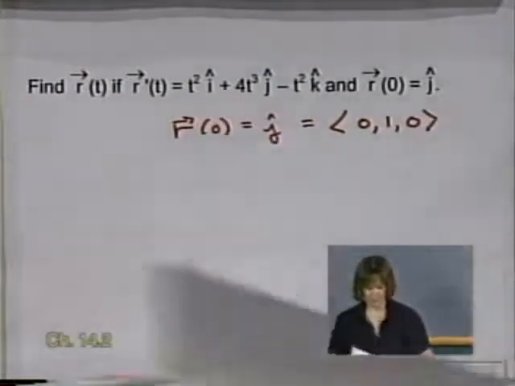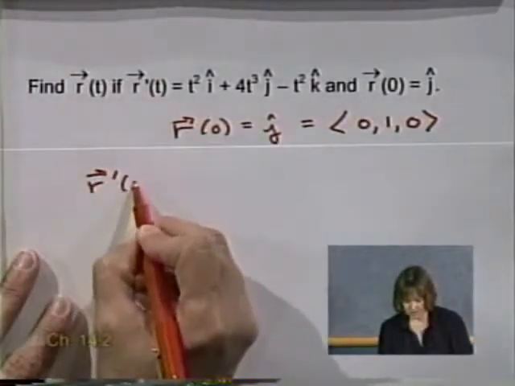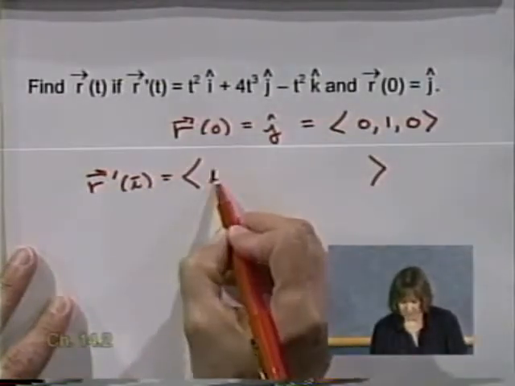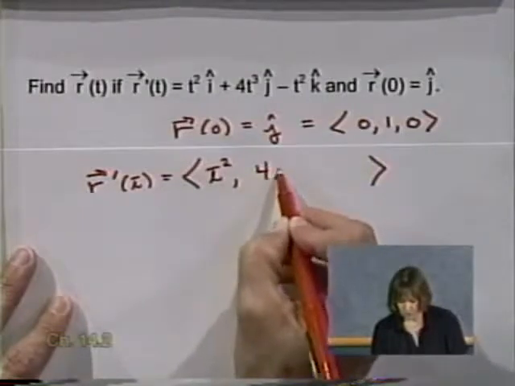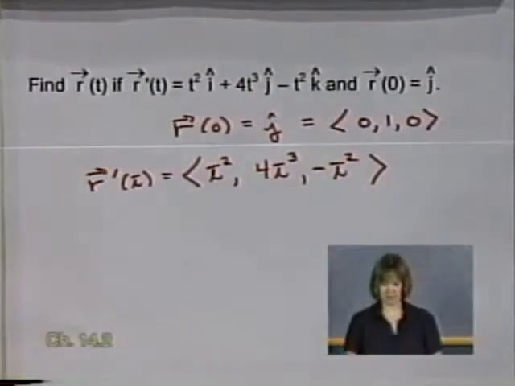In addition, they're telling me that r prime of t, and I'm just going to write it as a vector if you don't mind, has t squared as the x component, 4t cubed as the y component, and minus t squared as the z component.